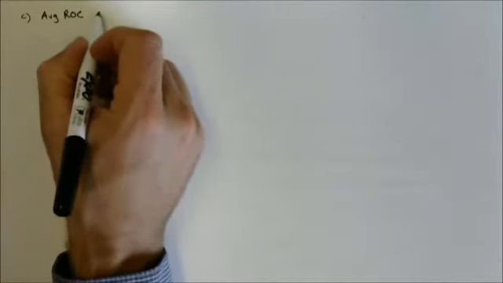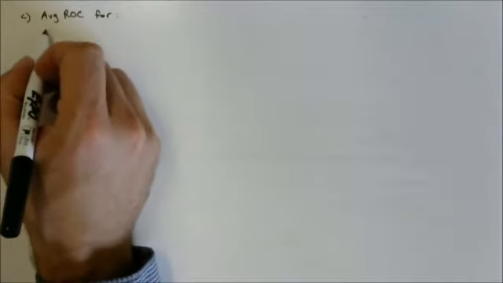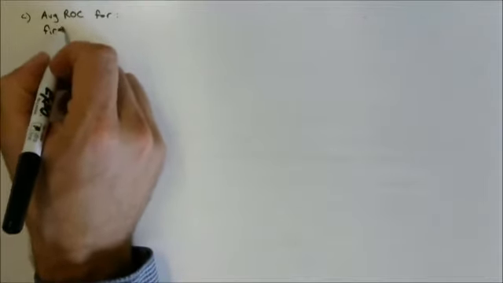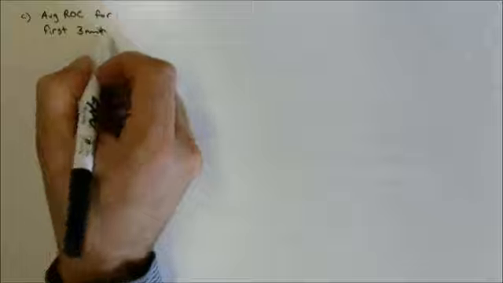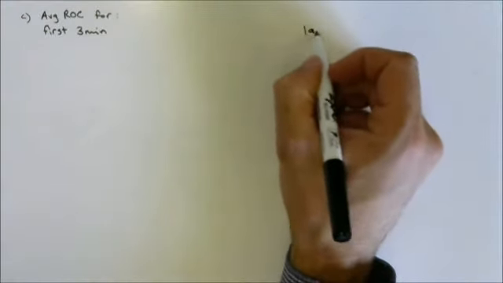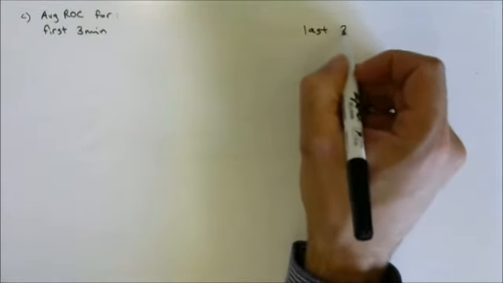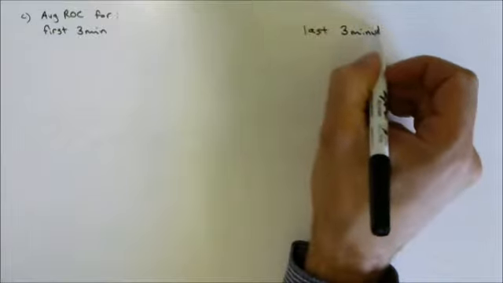Okay, we're going to look at a couple of other intervals. We're going to do the first 3 minutes and the last 3 minutes. So in C, we're going to find the average rate of change for the first 3 minutes. And then over here, we'll find it for the last 3 minutes.